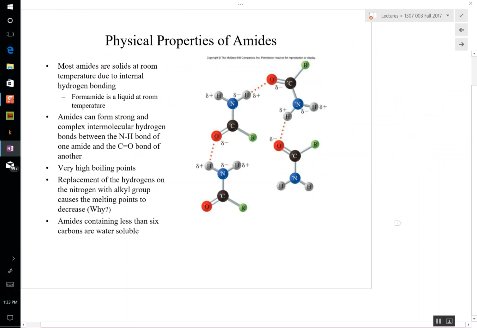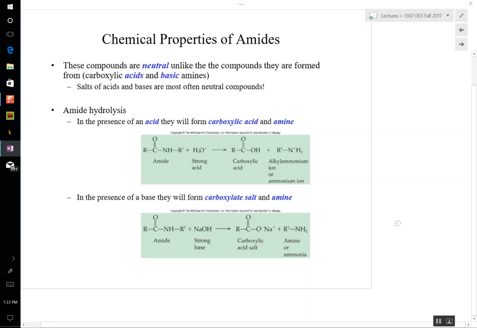I'll just quickly go over this. We don't need to worry about this too much. On an amide, you have an NH2 group with polar bonds. Carbon-oxygen bond, there's some separation of charge. So a hydrogen on the NH2 can hydrogen bond to the carbonyl, so you get some polar attraction of molecules, some water solubility as a result.